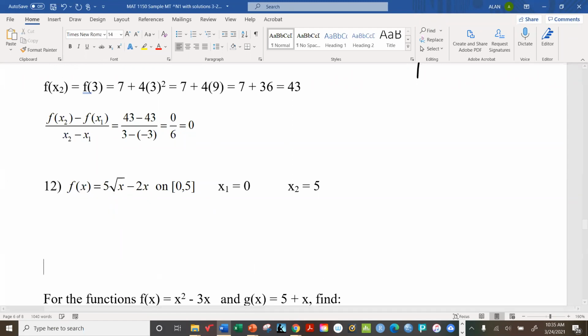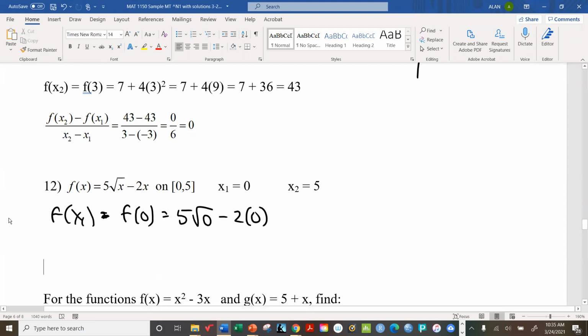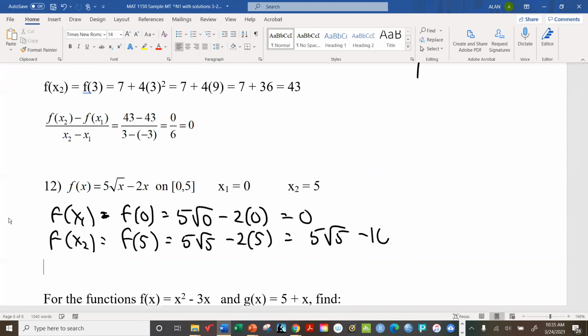Okay, f of 0. So in this case, it would be 5 radical 0 minus 2 times 0. Oh, that was easy. That's just 0. F of x2 is f of 5. 5 radical 5 minus 2 times 5 is 5 radical 5 minus 10.